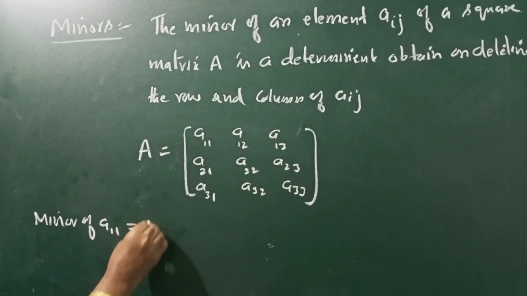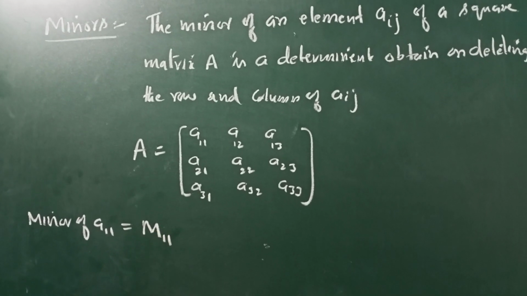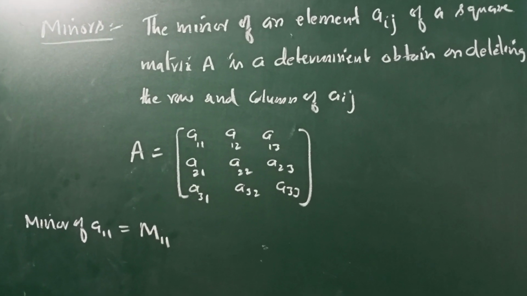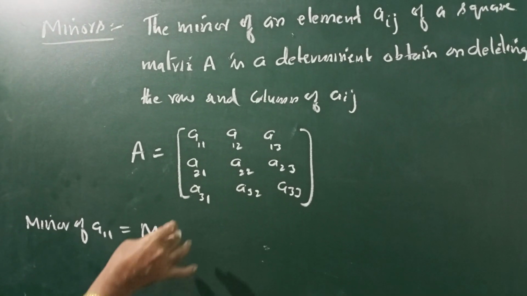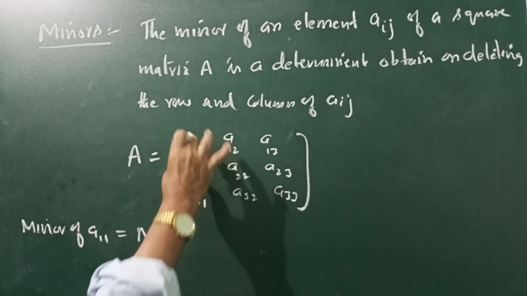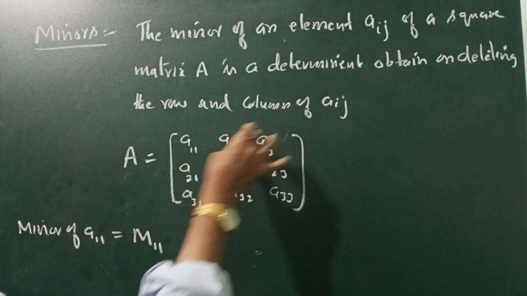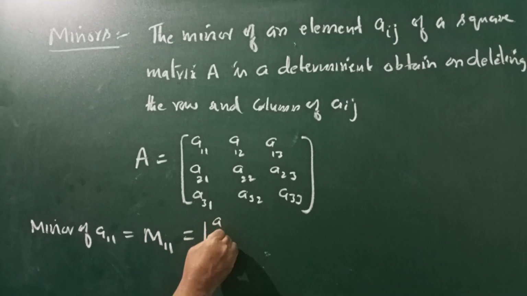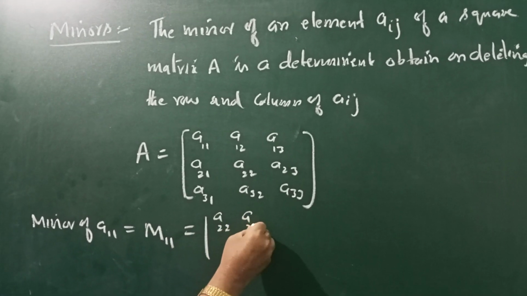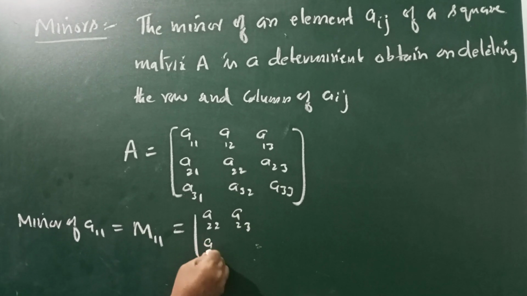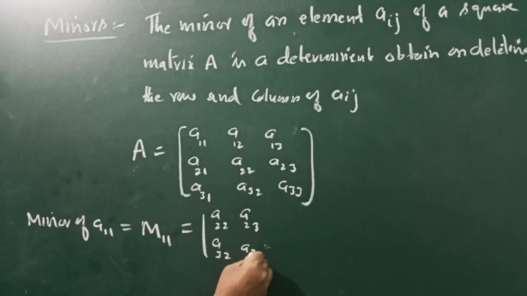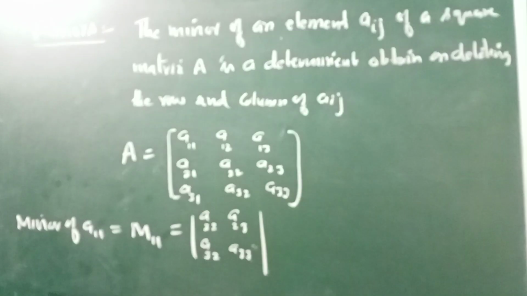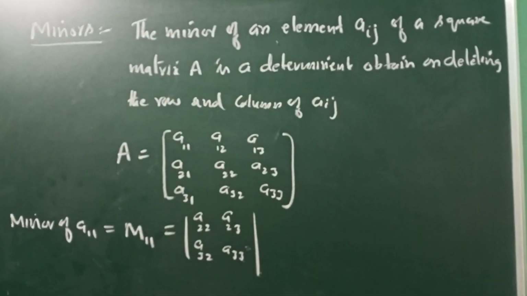It is denoted by capital M11. It can be obtained by deleting the row and the column, that is nothing but A22, A23, A32, A33. That is the minor of A11.